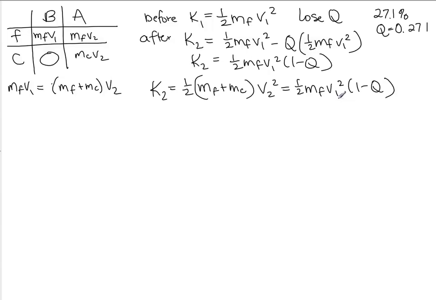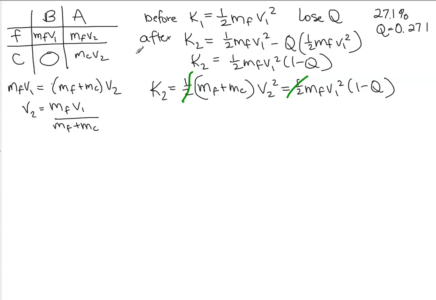So the first thing I notice is that the 1/2s can go away. But then I'm going to have to do some substitution to get rid of some of this velocity mess. So I go back over here and I notice that velocity number 2 is mass of the freight car times velocity number 1 divided by the total mass.